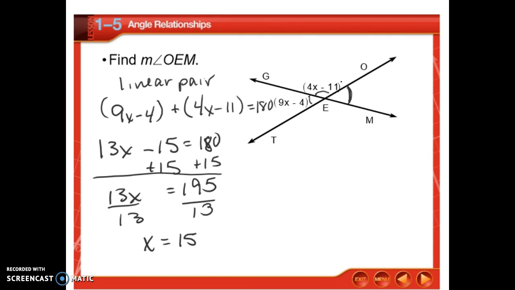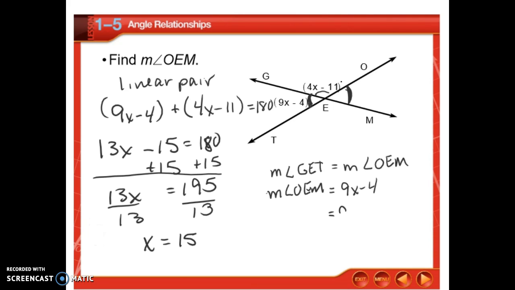So this angle right here and this angle right there are vertical pairs. So the measure of angle GET equals the measure of angle OEM. So we have 9x minus 4 for GET. Since they're the same, it's OEM.